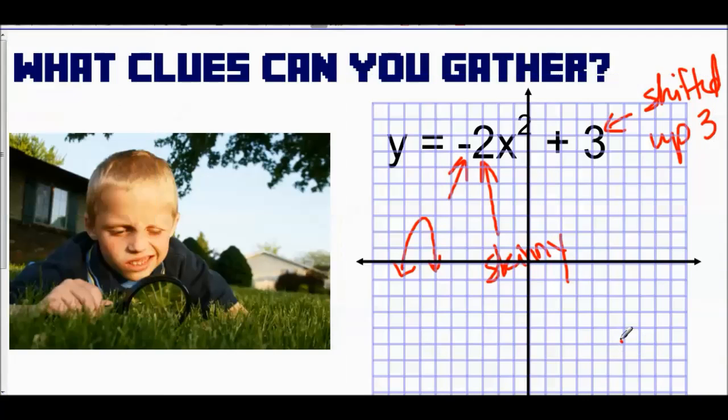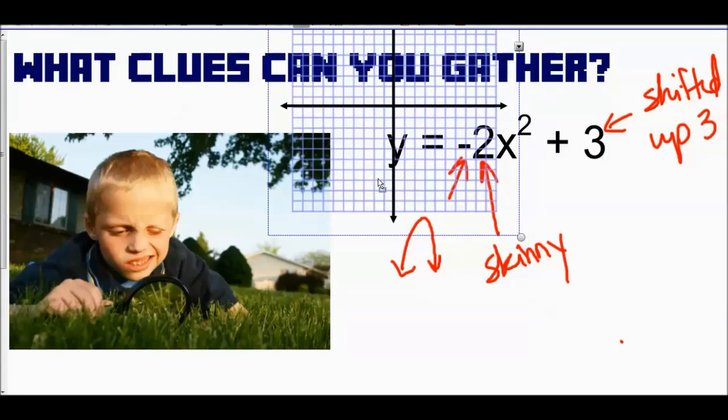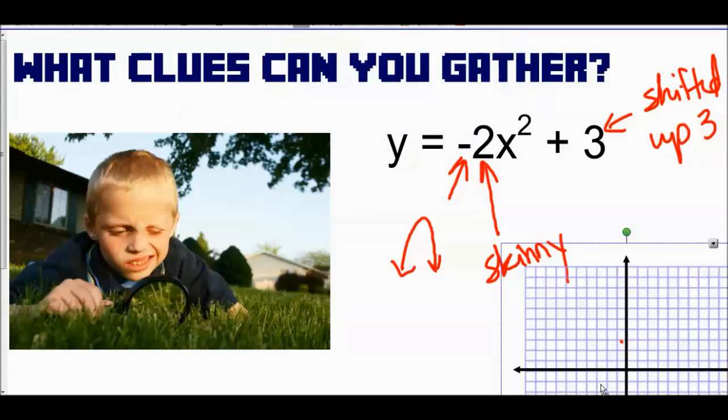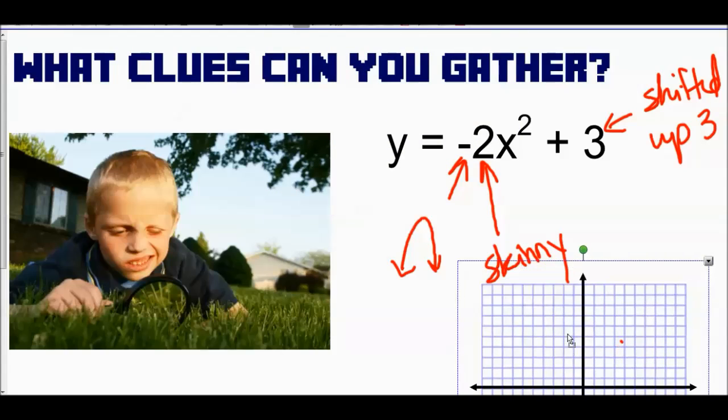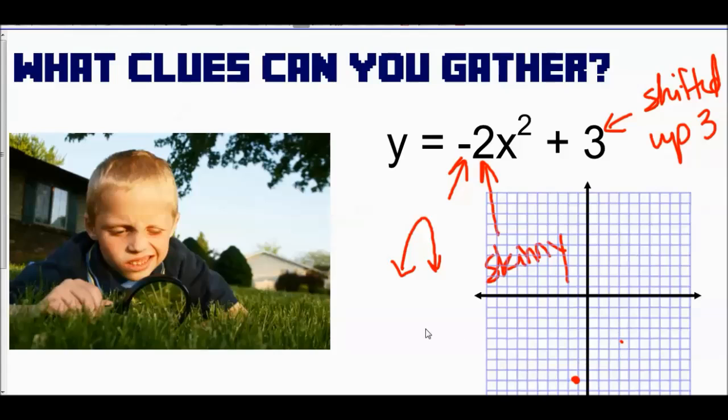So let's get a coordinate plane over here. Let's get that a little smaller. Okay. So if I were to graph this, I know that the vertex is at 0, 0. Okay. It is pointing down.